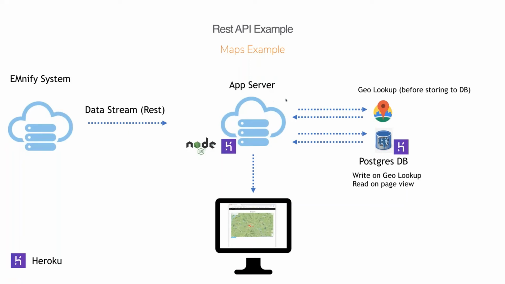When these events come through and we're interested in doing some geo lookup, we make a post request to Google Maps API, and we get longitude and latitude back. Then we use Heroku's Postgres database just to store this information so that whenever the app restarts, we can just read from the database, and we get this nice looking map afterwards.